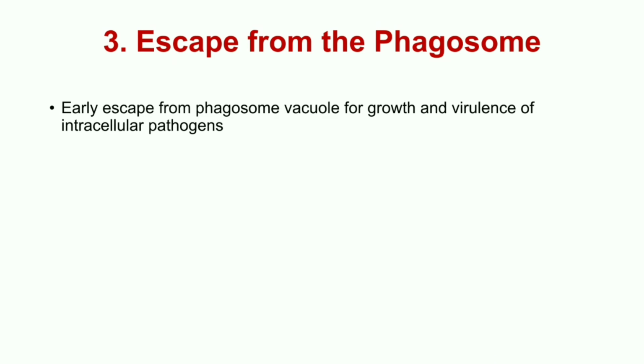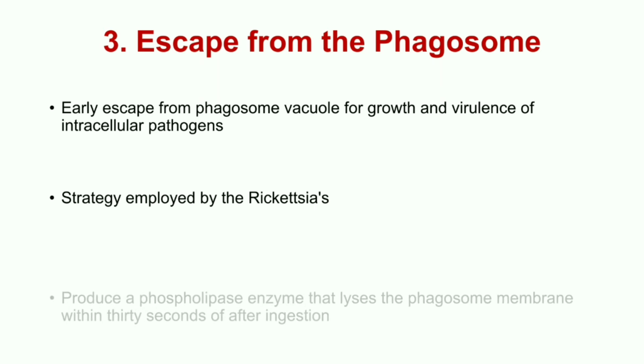The third strategy adapted to survive inside a phagocyte is escaping the phagosome. Early escape from phagosome vacuoles for growth and virulence of intracellular pathogens is a clever trick adapted by many virulent strains of pathogens. One such pathogen is Rickettsia.